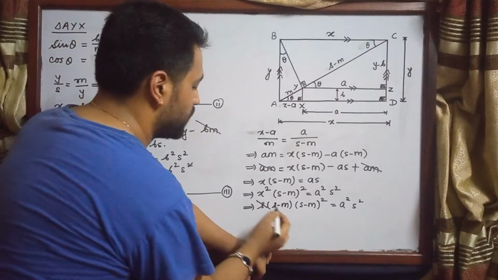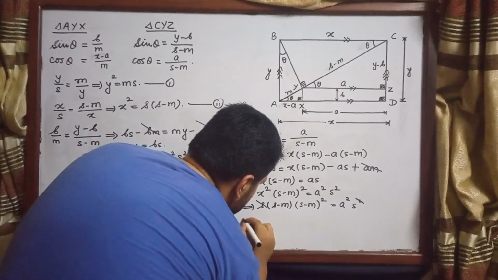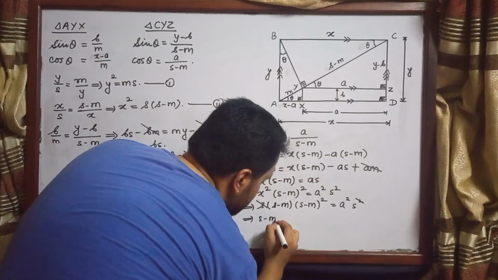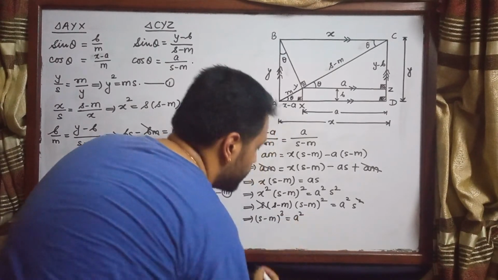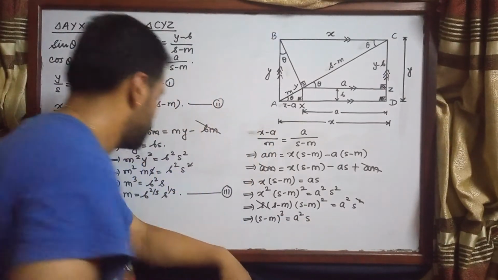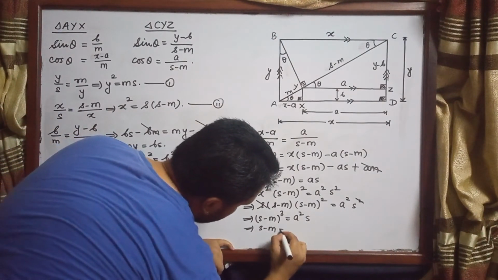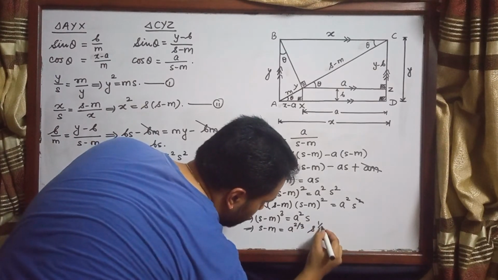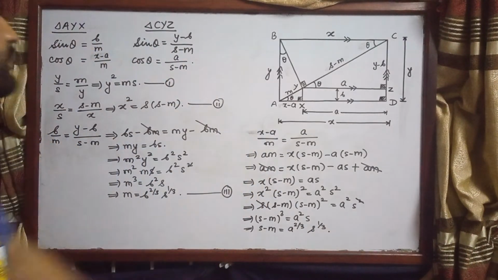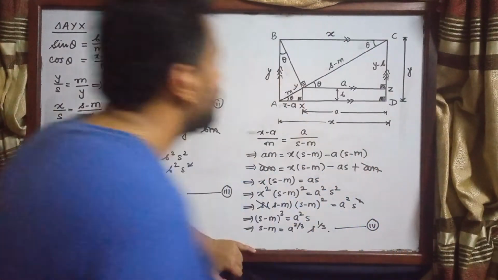Now we can cancel out one of the s's just like before, and this is s minus m whole cubed equal to a squared s, which means s minus m is equal to a raised to the power 2 over 3 s raised to the power 1 over 3. Okay, all right, let's call this equation 4.